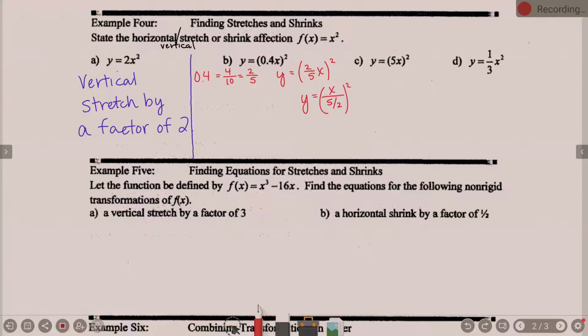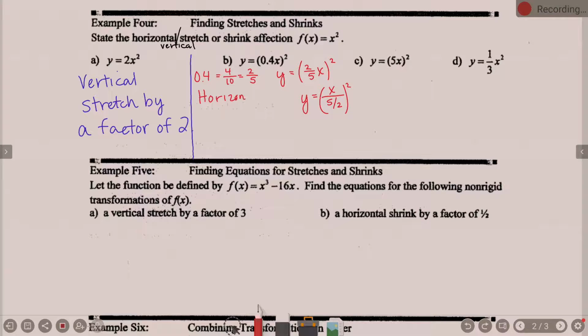Okay. Well, just the number value, the c value is just 5 halves. Is this a horizontal stretch or shrink now? What do you know about 5 halves? It's bigger than 1, isn't it? It's a fraction, which is misleading. It's bigger than 1. So this actually becomes, and I'm going to leave a little room at the bottom here if you can, because I want to talk about something else here real quick.